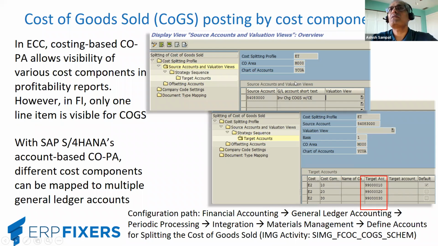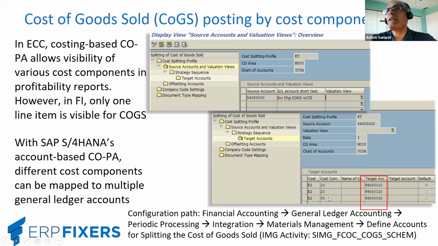What we have to do is we have to first create a cost splitting profile, identify the source account, and this source account is nothing but your GBB VAX account, which goes to the cost of goods sold. And then further down in the menu path, in the target accounts, you have to identify which account will be mapped to the cost component.